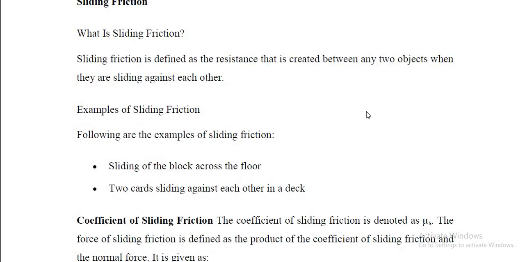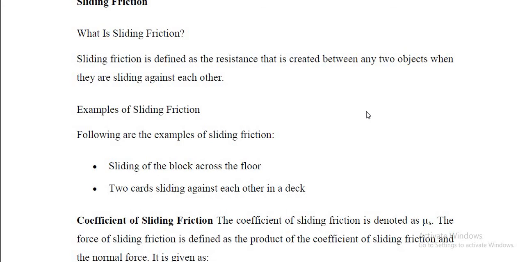Then sliding friction can be defined as the resistance experienced when a body slides against another. Examples are two carts sliding against each other on a deck, sliding of a block across the floor, and skidding. Likewise the coefficient of sliding friction is denoted by mu s.